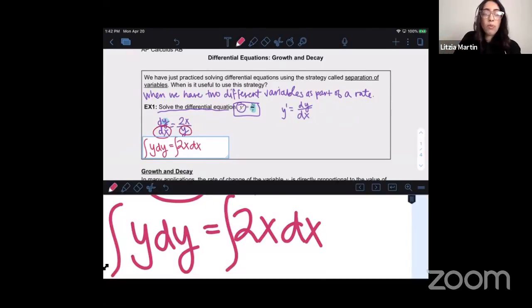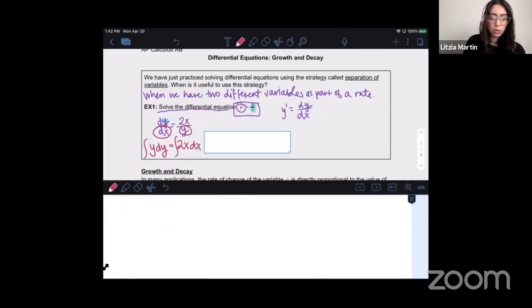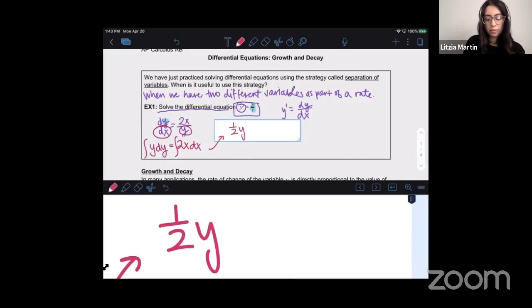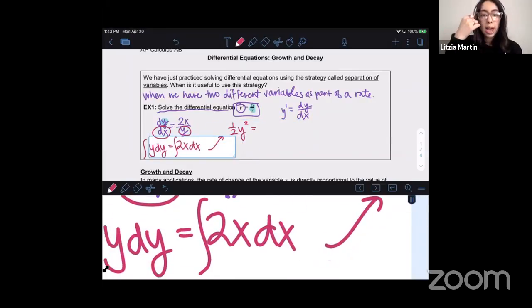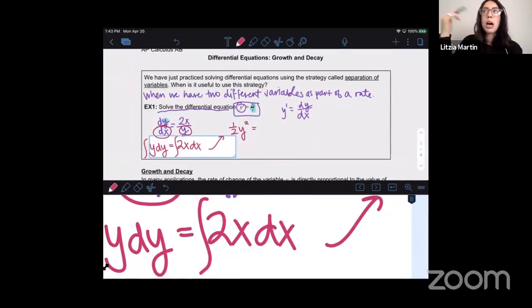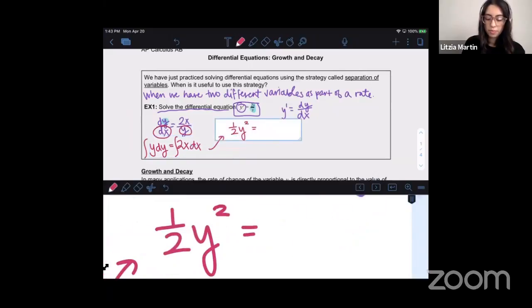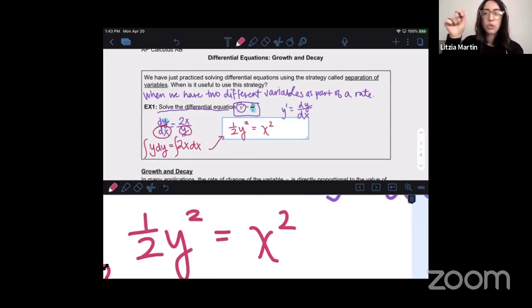And so the integral of y is 1/2 y squared. And that's going to equal the integral of 2x, which will be x squared, since the 2 times the 1/2 will just cancel out to 1.